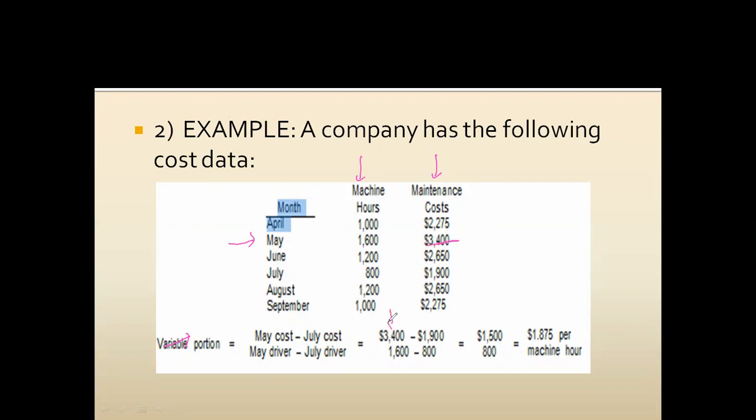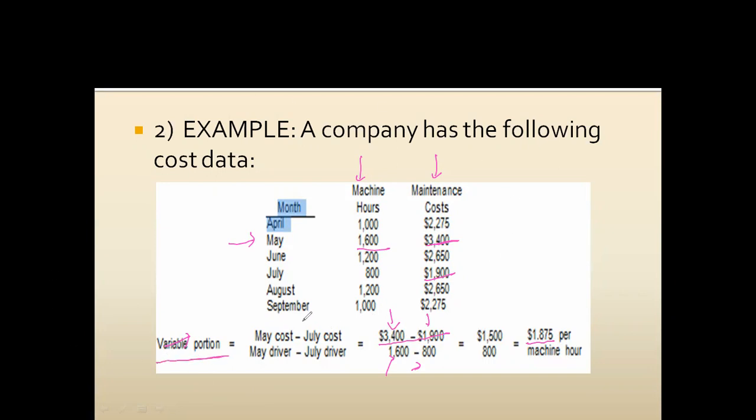We put it here. The lowest cost we have for the month of July, we replace it here, dividing by the drivers. So my driver 1,600 and July driver 800. When we solved this one, we got $1.875 per machine hour.